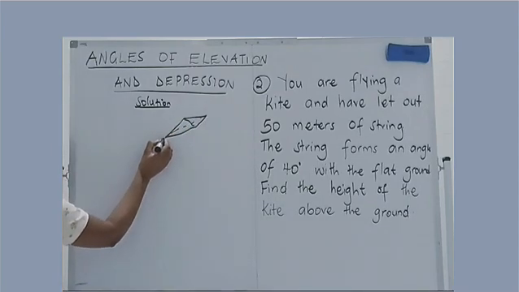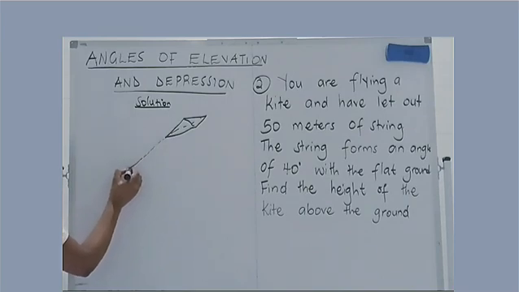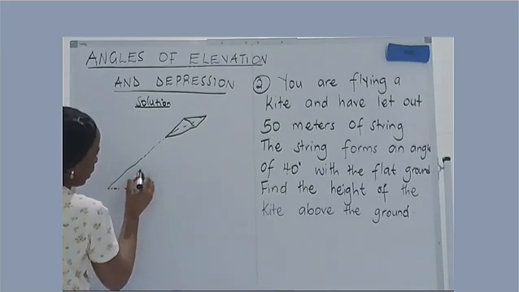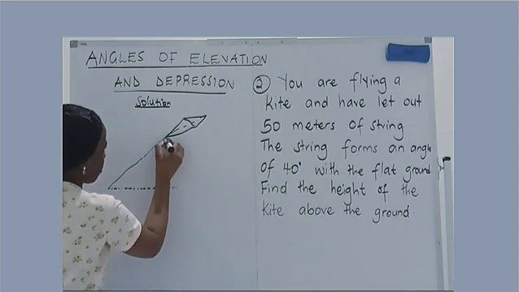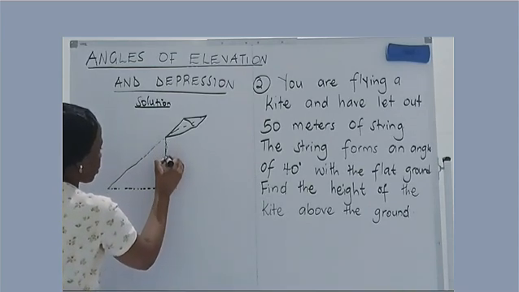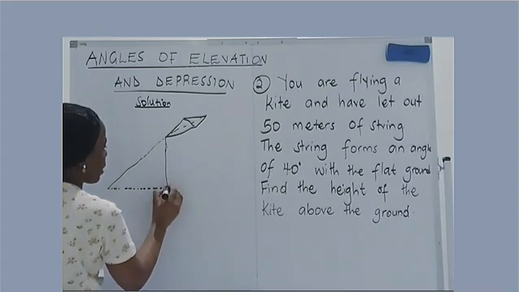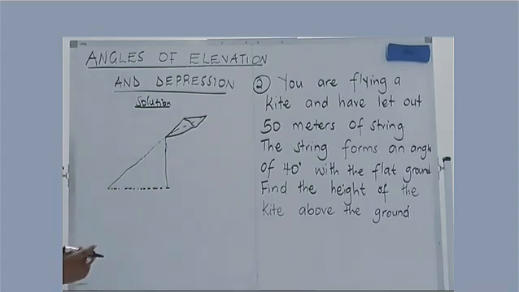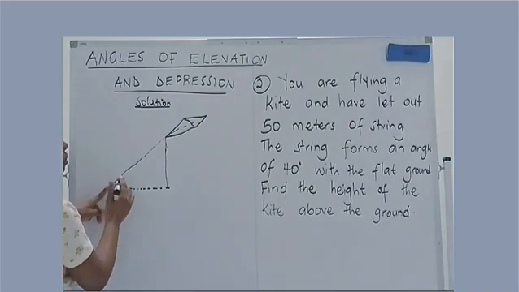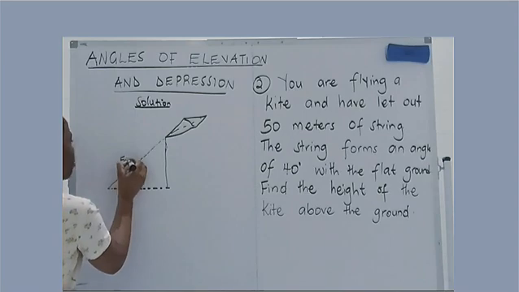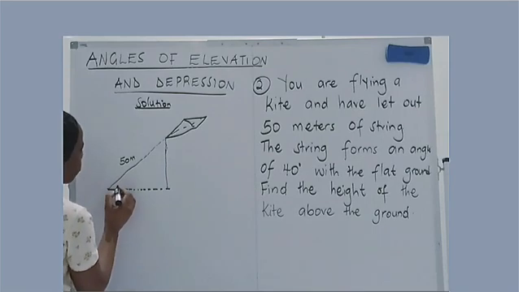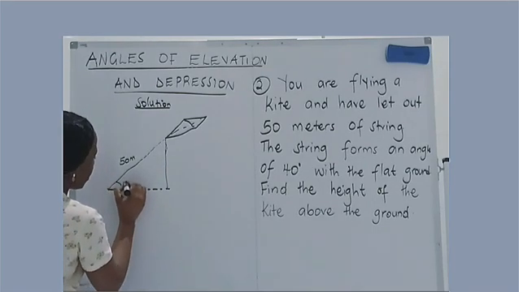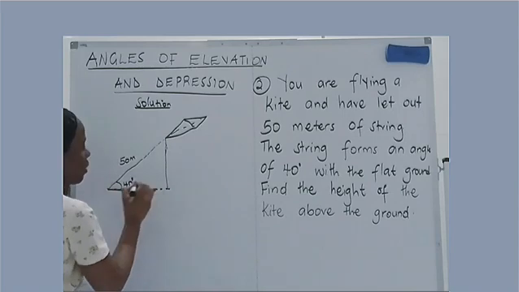Now, if we have this string, let us ignore the sag in this string and consider it as a straight line, and then we have our flat ground. Remember, they have talked about the length of the string that you let out. They have said that you have let out 50 meters, and this string forms 40 degrees with the flat ground.